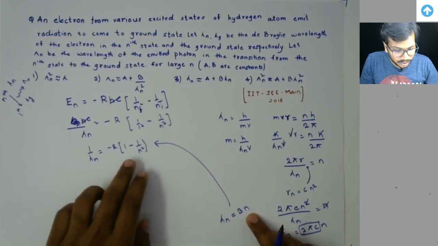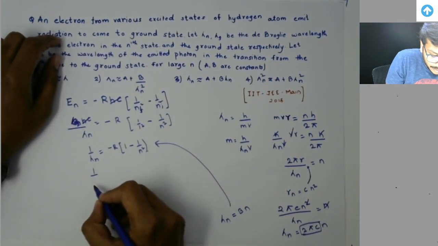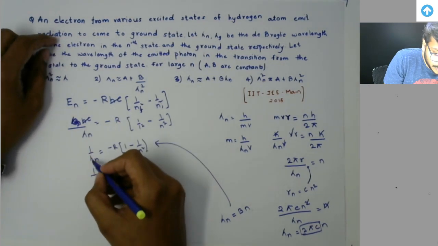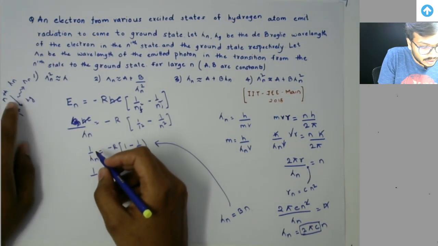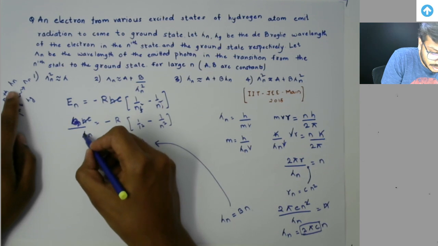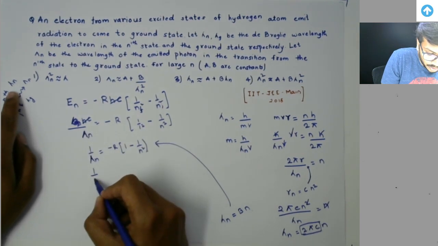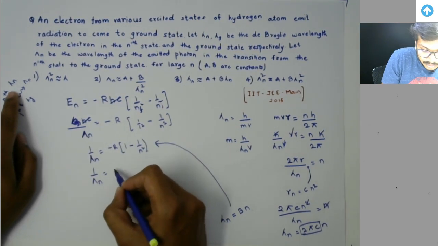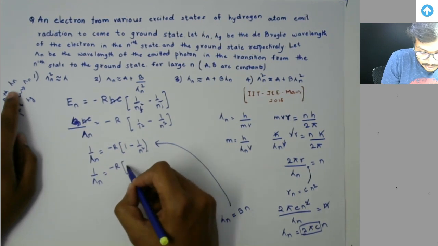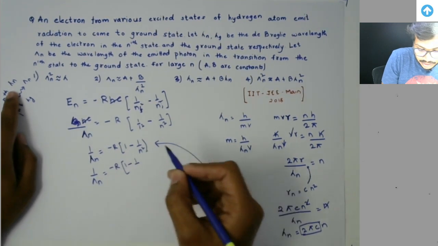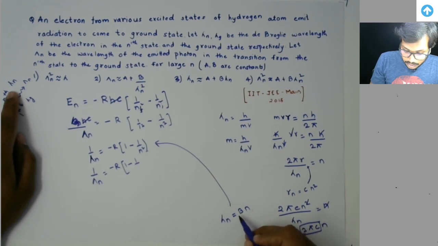So I'm going to substitute it here, which gives me 1 by, so this would be the wavelength of the emitted photon, that is tilde, not lambda. This is tilde n. So 1 by tilde n will be equal to minus R into 1 minus 1 upon n square. I'm replacing n by lambda n upon b.